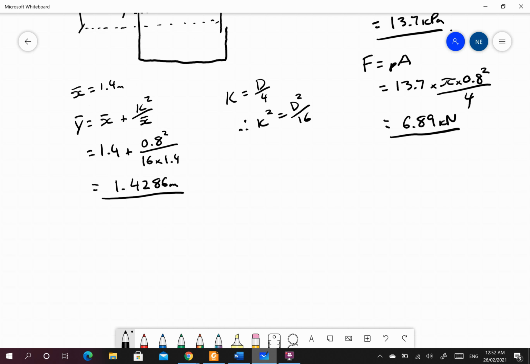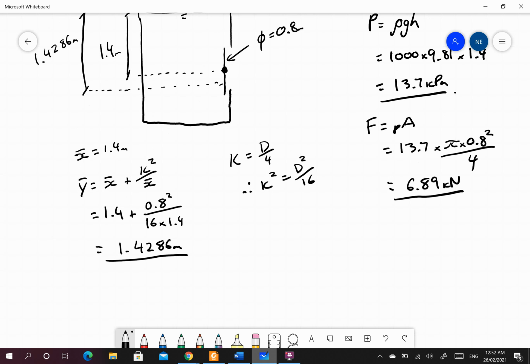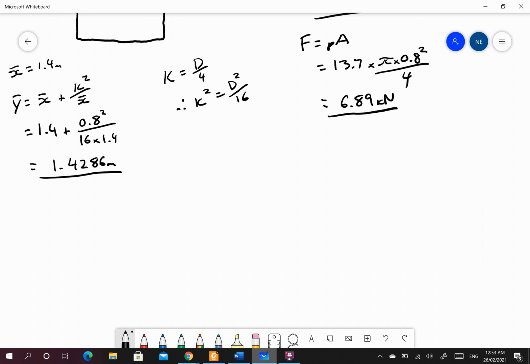So what I'm trying to work out now is if I have a force acting along here, how much force do I need to put on the other side to balance it out? Or how much torque do I need? So torque, I think it's tau, is the same as calculating a moment. It's the force times the lever arm.